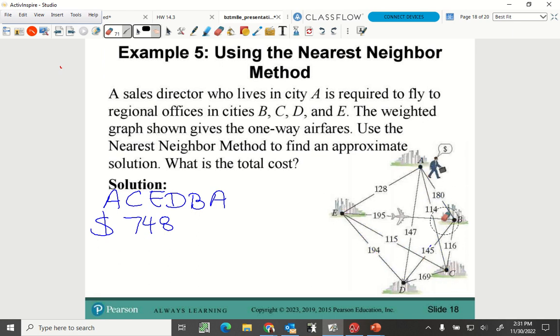So I don't want to take 195, 194. So I could do 114. So instead of taking the 115, could I do 116? Yeah. Okay. 145. Where else? I could go 194.